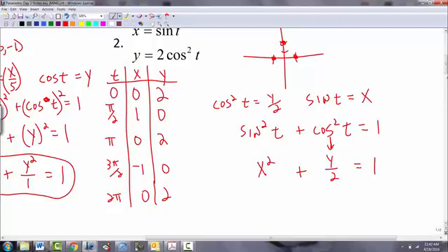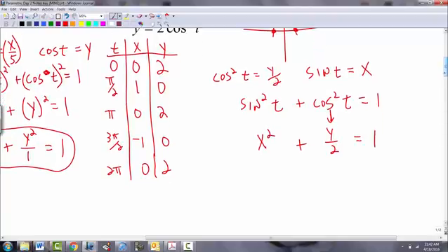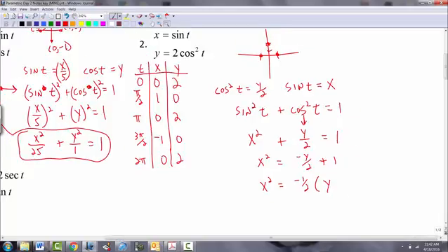Now, what we should do is put it in the form that we're used to lately, which is subtract y over 2 plus 1, and then pull out a negative 1/2. When you pull out a negative 1/2, what does that 1 become? Negative 2.